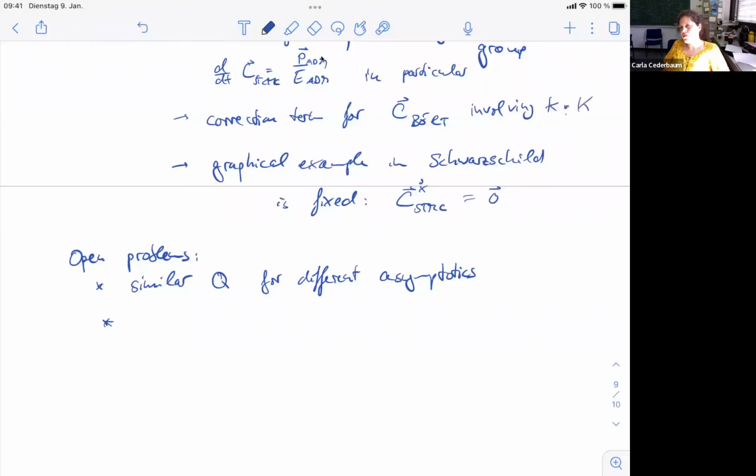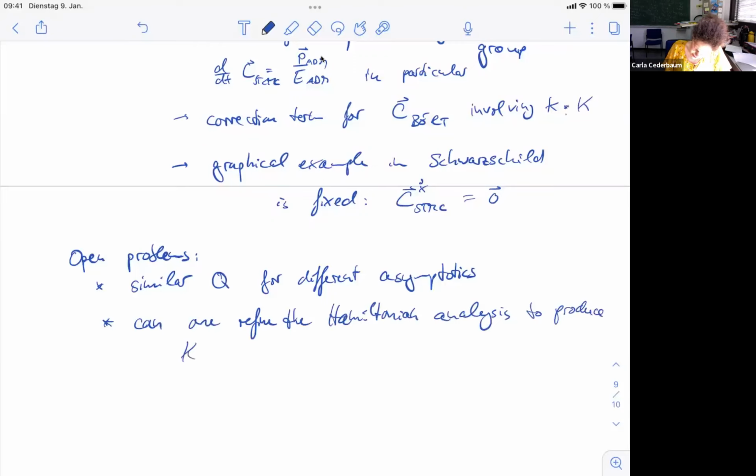So maybe I need to do a more refined Hamiltonian systems analysis to get this quadratic in K term also from Hamiltonian systems analysis, to produce this K times K correction term.